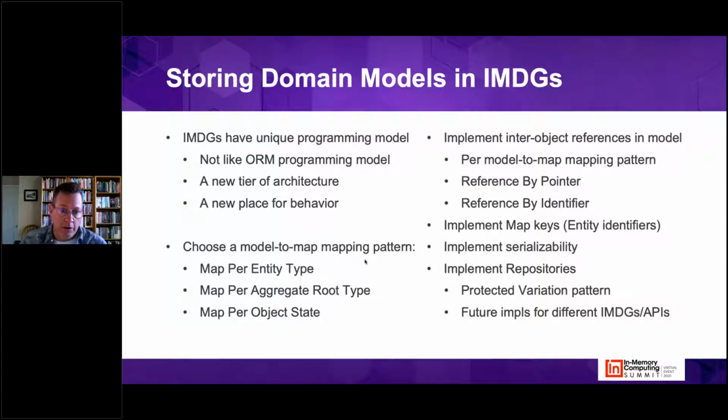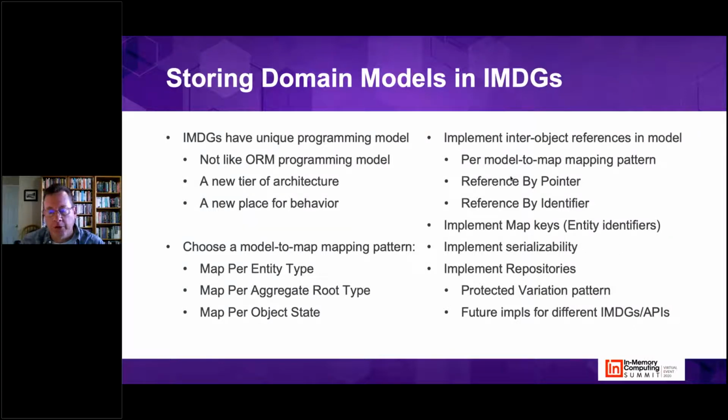Once you have that pretty big decision made, and you can use a mix of these, by the way, then you have to figure out how you're going to implement inter-object references in your domain model, and that decision depends on the mapping pattern you choose. Normally with object relational mapping, objects just point to each other by pointer reference, maybe with some kind of indirection or proxy so that you can do lazy loading and so on.